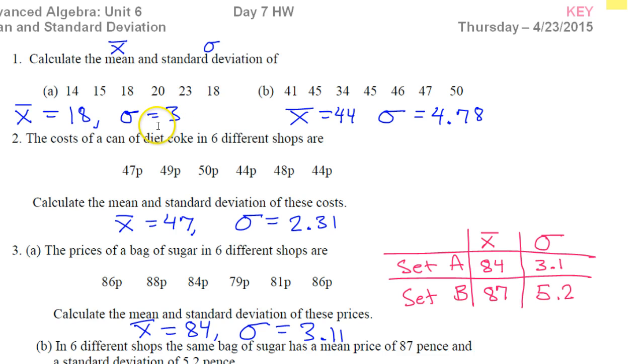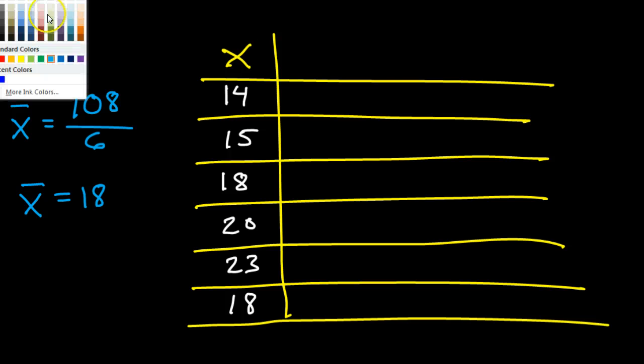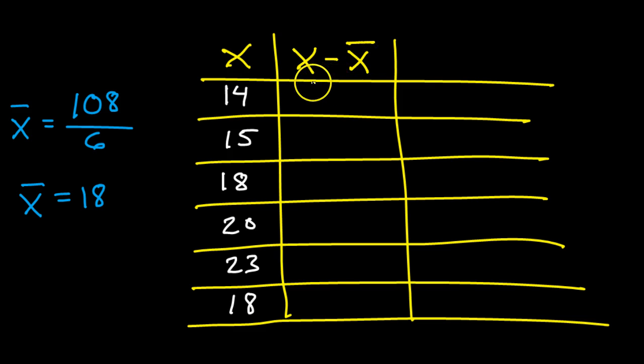Now, to find the standard deviation by hand, you have to do two things. The first thing is to find the difference between the data and the mean for all of these.